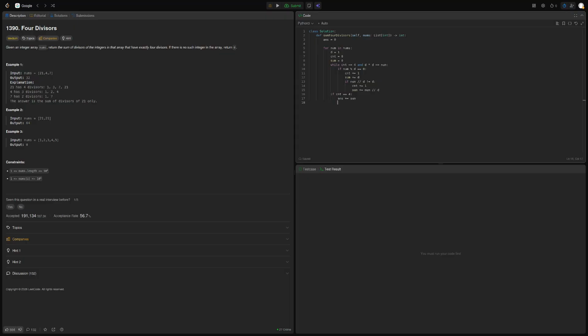We need to return the sum of those divisors.